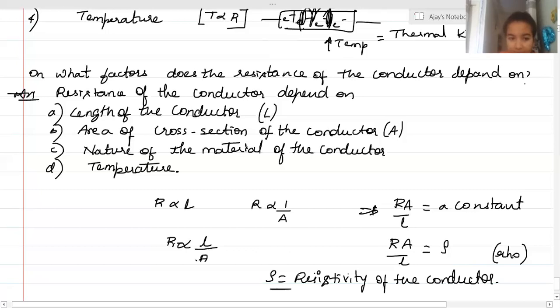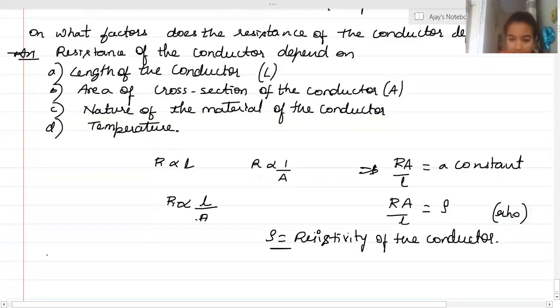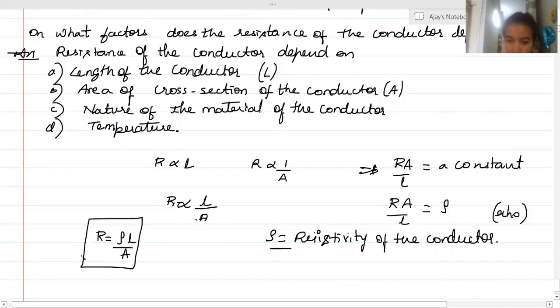So what is the formula I have? Therefore I can write R is equal to rho L by A. Got it? Any doubt? No. Fine. Copy down this formula. We'll define what is resistivity.